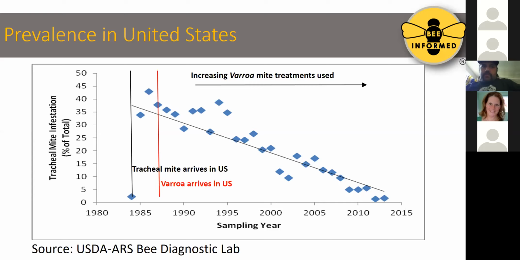And the thought, why we have this trend line down to zero in the blue dots, is that in being forced to treat for the varroa mites, beekeepers were actually killing the tracheal mites as well. If you're familiar with the concept of bycatch, you're targeting one thing, but in this case it happens to be a positive outcome: we're killing this tracheal mite as well when we're using treatments to kill varroa mites. So we see this trend line to zero within the last decade.